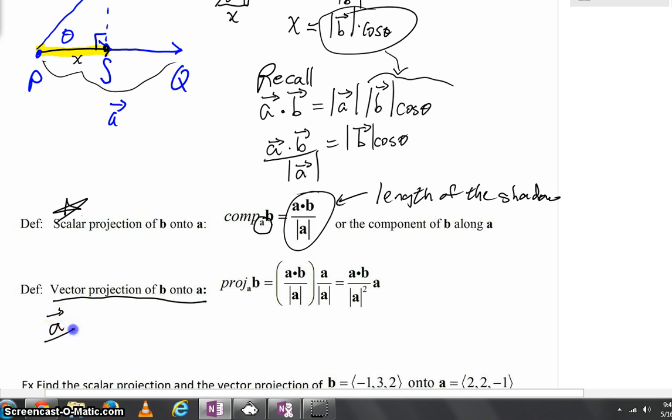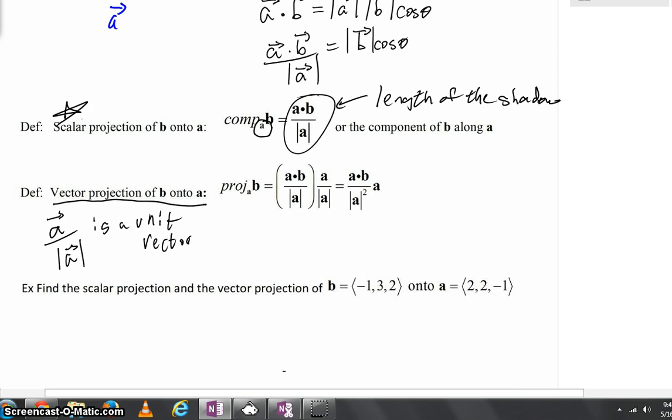Vector A divided by the length of vector A is a unit vector, a length of 1, and it's a unit vector in the direction of vector A. So when you multiply the length of the shadow by a unit vector, that's when you can get the vector projection of vector B onto vector A.